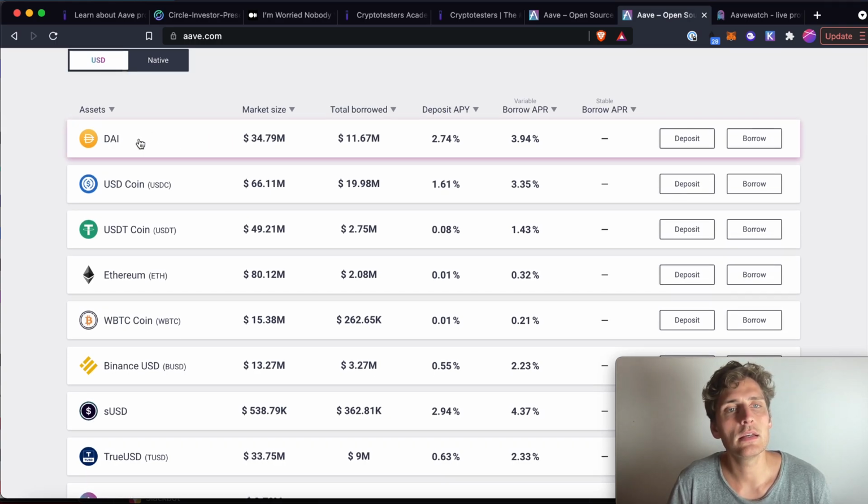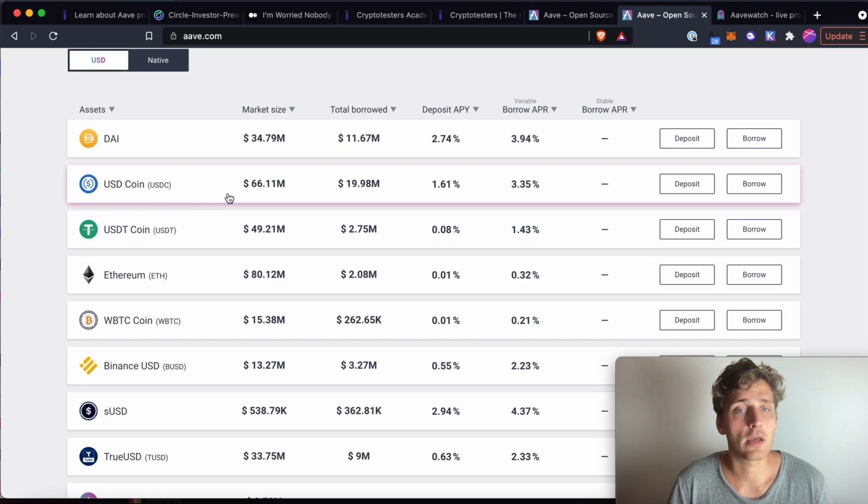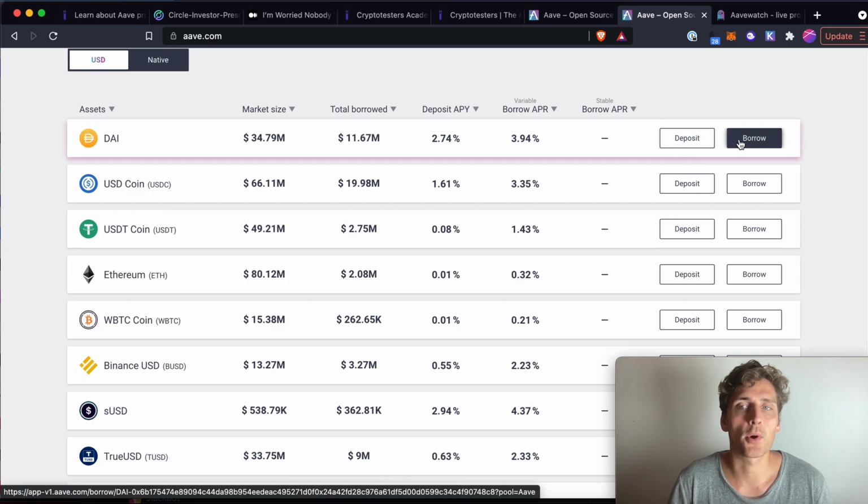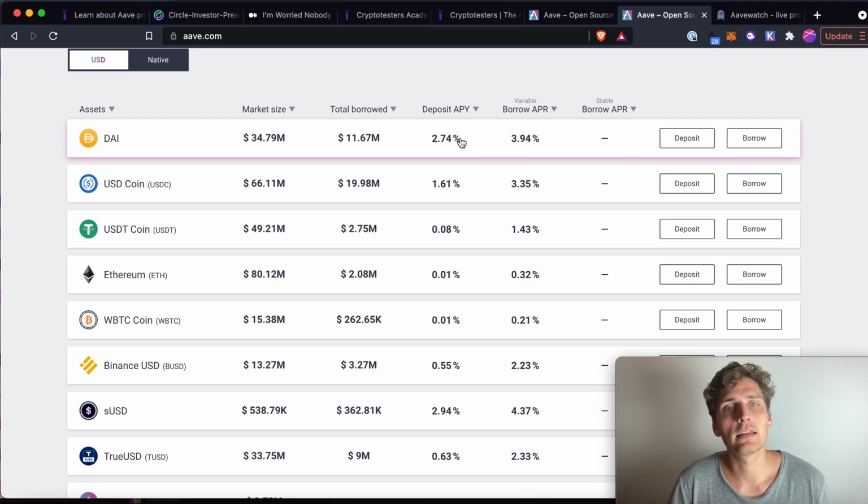You can see that there are different markets, so different assets that are listed on Aave, and each of those can either be lent out, so you deposit it, or you can borrow that asset. And there's a different interest rate for each asset.